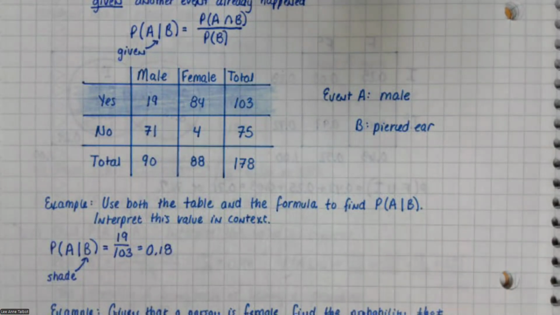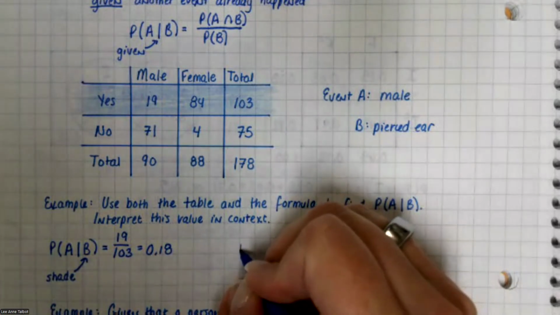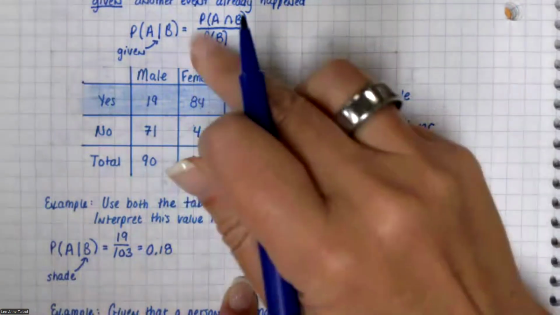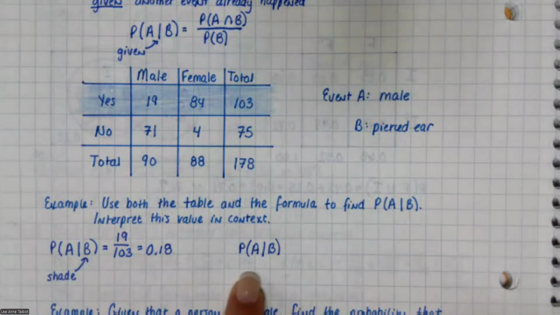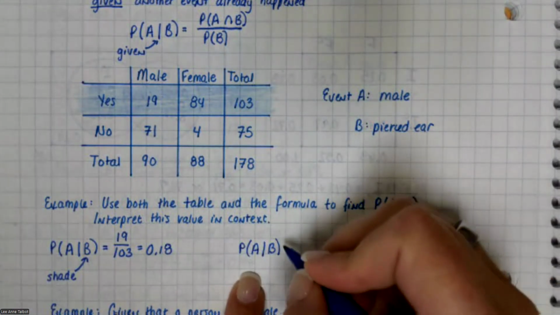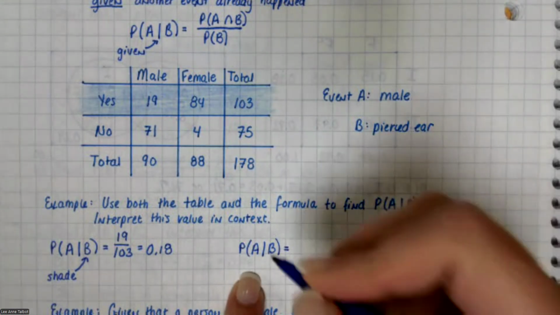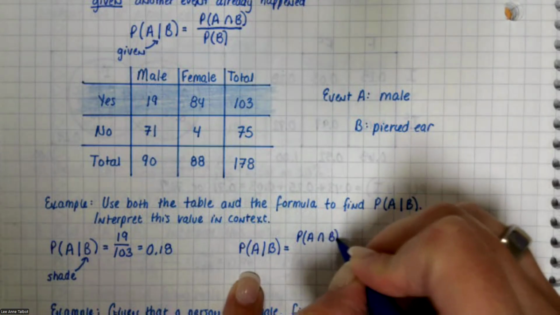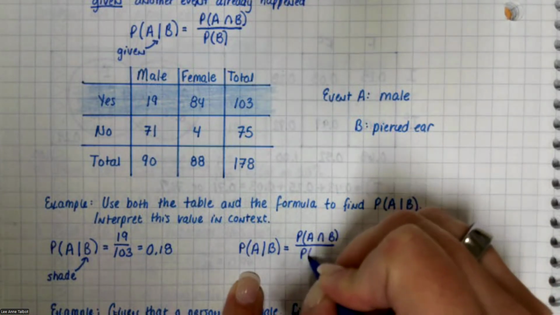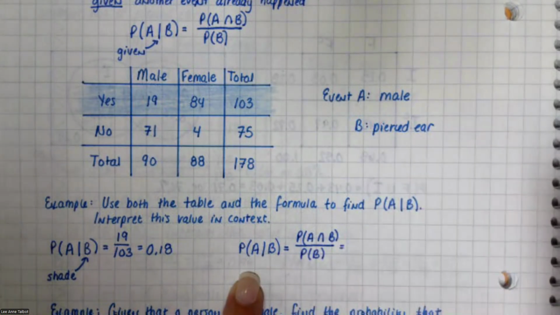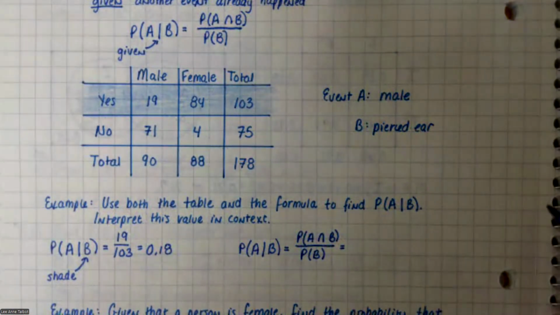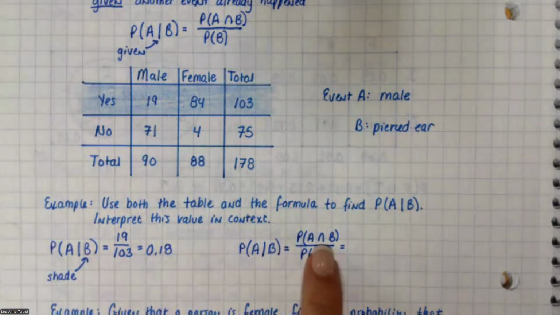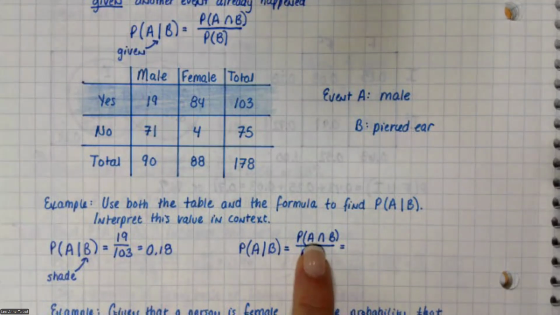Okay, now we're going to do the same thing again, but using the formula that I gave you at the beginning. So probability of A and B over probability of B. So this means and this symbol.